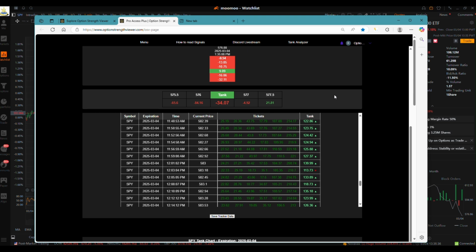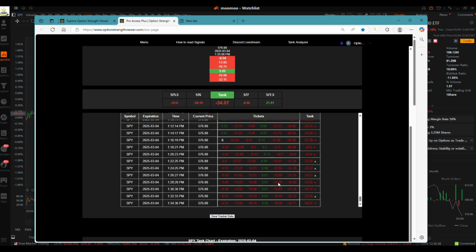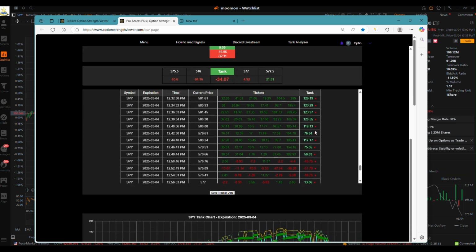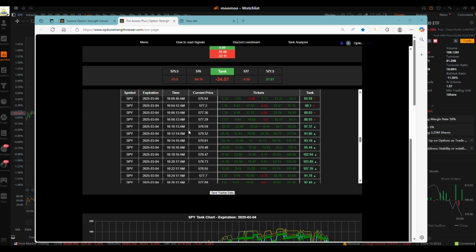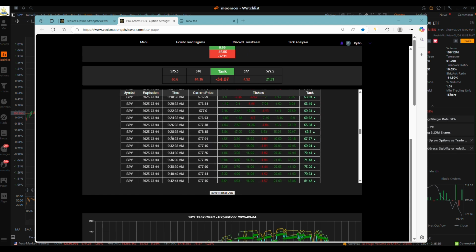Okay, and then what you're going to do is you're going to look for a plus or minus 10 consecutively growing number and the same strike price. So for example, let's look at 9:30. From 9:30 to 9:40, there was a plus 10.